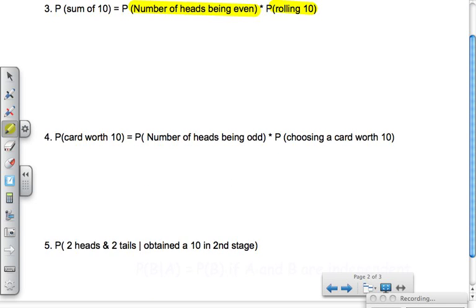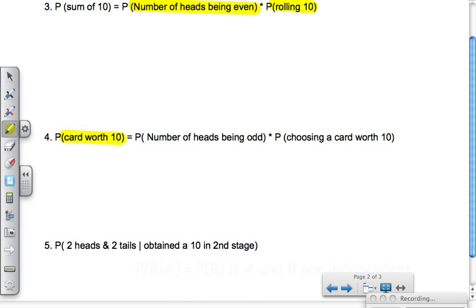Question number 4 is similar to question number 3, except for this one, you're finding the probability that there's a card worth 10. In order to have a card, you need to get an odd number of heads. So it's the probability that the number of heads is odd. You multiply that by the probability of choosing a card worth 10.